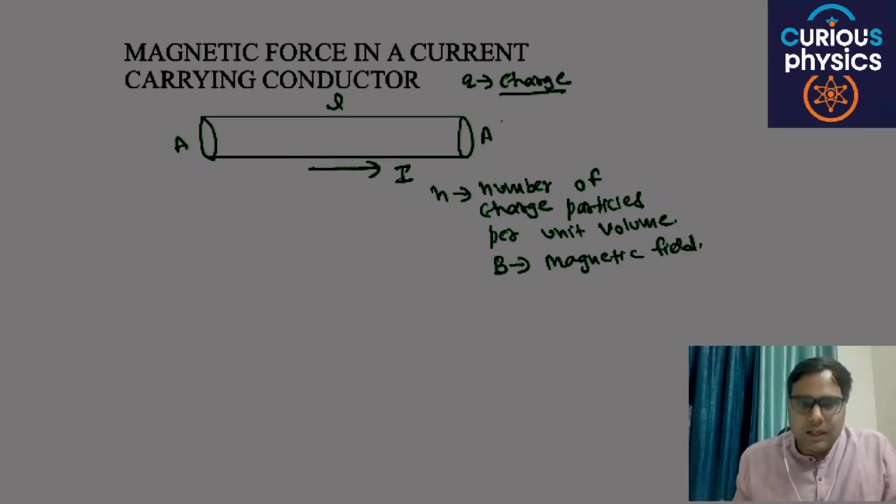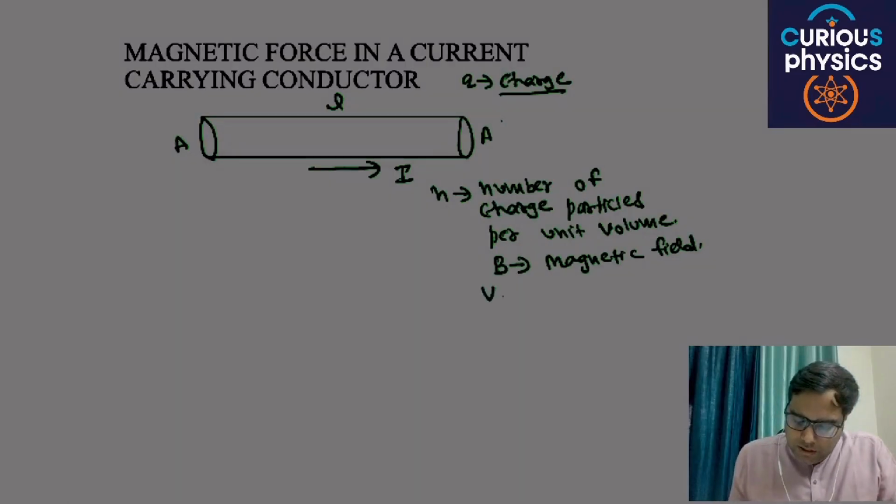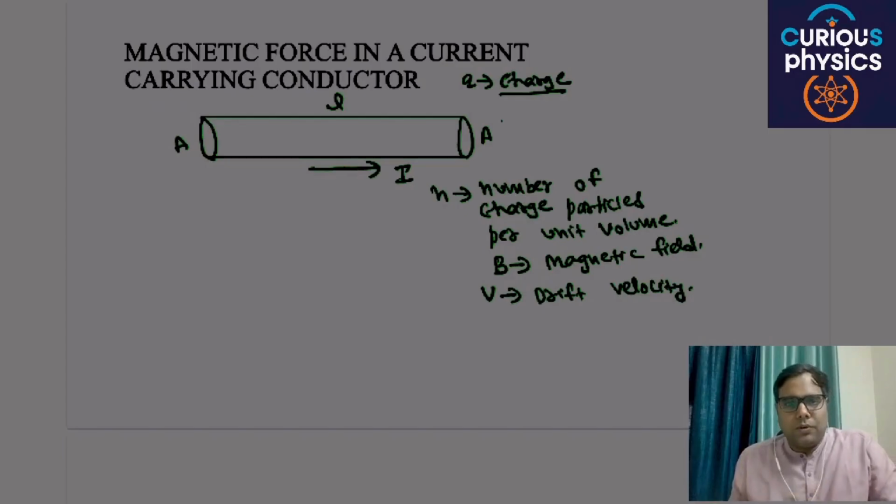Within a conductor the charge particles move with drift velocity, which we studied in chapter 2, section 1. V is the drift velocity, Vd. This is all we know about this.